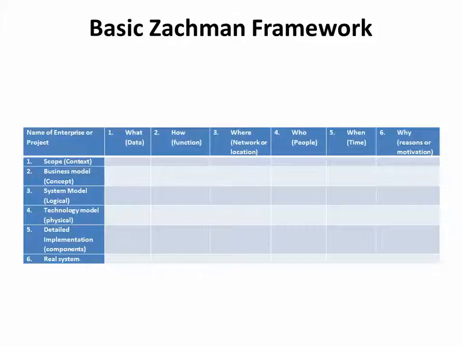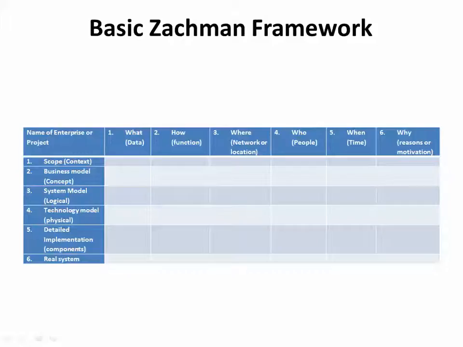What you see here is the basic empty cells of the Zachman framework. It has rows that represent the scope, business model, system model, technology model, detailed implementation, which deals with the different components, and then the real system. The columns represent what, the data that we're representing, and how, which talks about the function of the different characteristics.